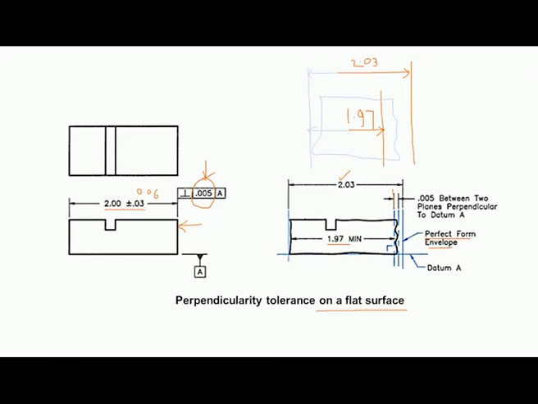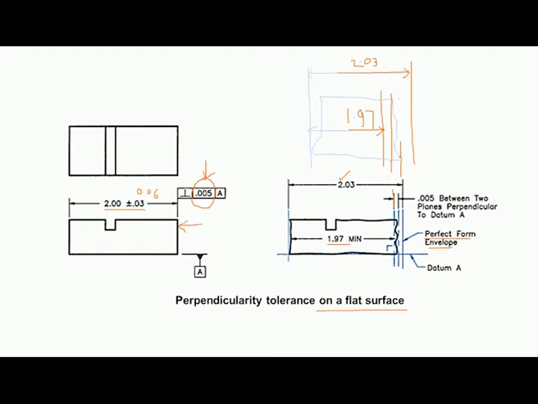Now we have to consider this surface to satisfy this perpendicularity tolerance. So this is one spot, we have to draw a line here, and this is another spot on the extreme end.